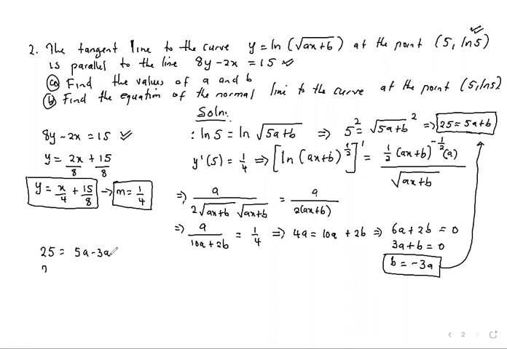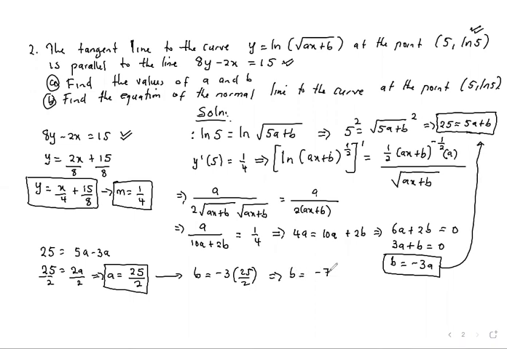So we get 25 is equal to 2A divided by 2. So A is 25 over 2. So that B is going to be negative 3 times 25 over 2, implying that B is equal to negative 75 over 2.